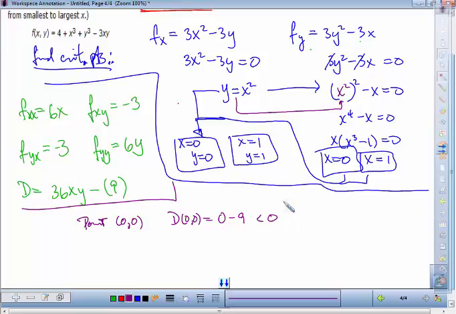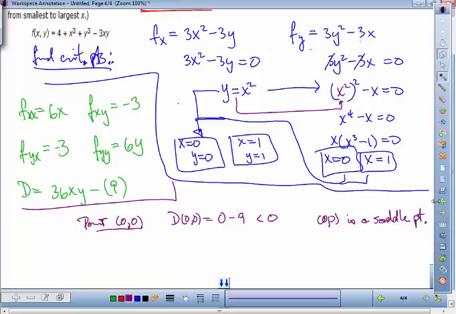Now this is option C in the list that I gave you. So it must be a saddle point. 0, 0 is a saddle point. Okay? So that's one of them. The other point that we need to check is the point 1, 1.